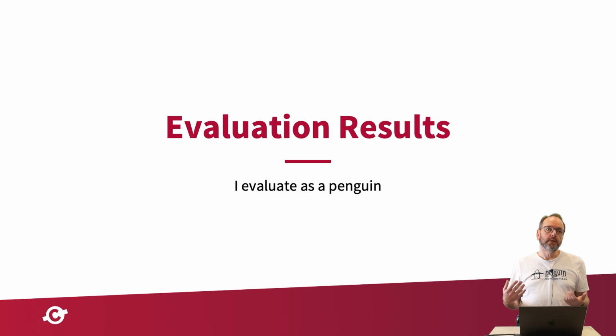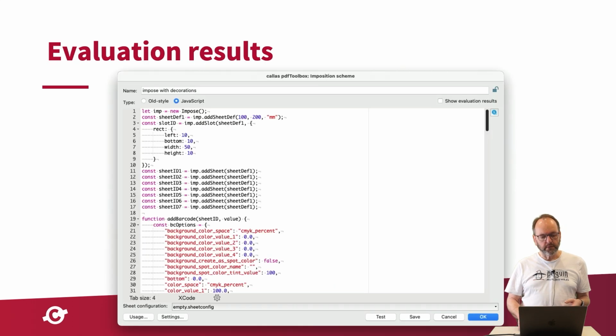And in pdfToolbox 15 or before, the only thing I could do was I have my configuration, and then I could say test, for example, and then it hopefully gives me an error that makes clear where the problem is, and I can fix that and then run it again and find the next problem and so on and so on. Yeah, that is what typically would happen.